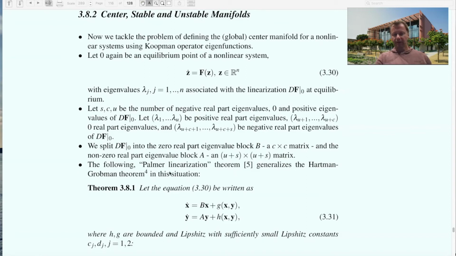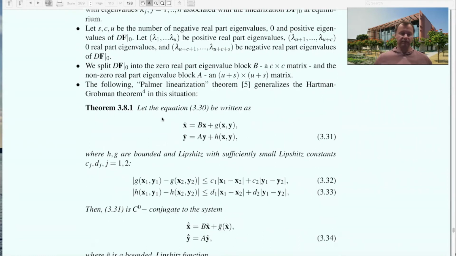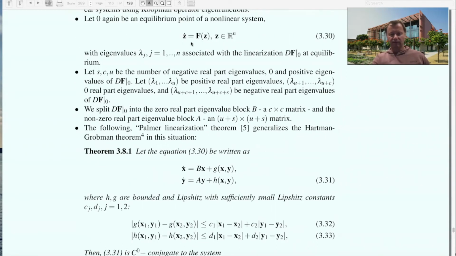And so Palmer provided us with this linearization theorem that generalizes the Hartman-Grobman linearization that we discussed before. And it tells us that this equation that we started from, using the blocks A and B of the matrix DF of 0, can be written as x dot is Bx plus g, some nonlinear function of x and y, and y dot is Ay plus h of x and y.